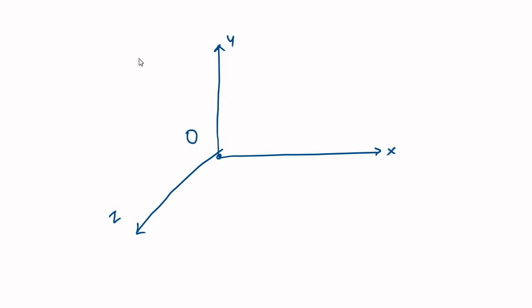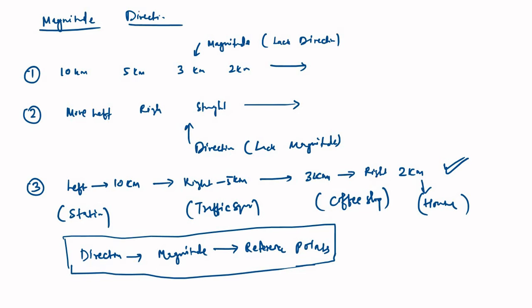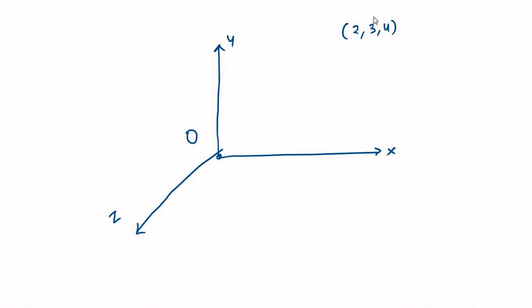Okay, so here if we want to locate a point in space, let's say we have a coordinate point, let's say 2, 3, 4. So it means if we try to put it in the same way, the final location is this 2, 3, 4, this point. So here first the object will start from O, origin, which is the reference.